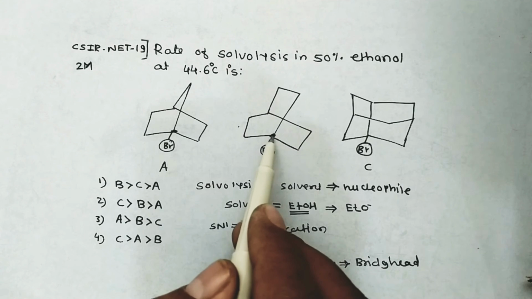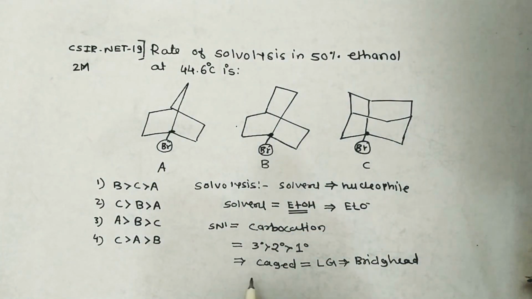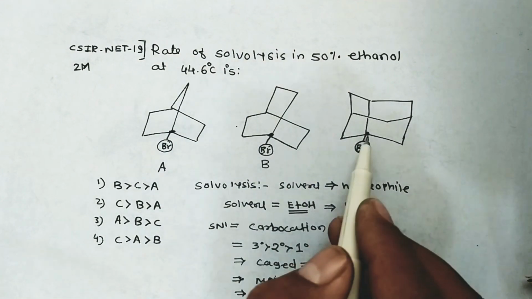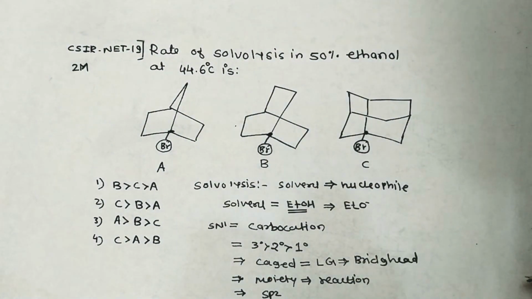So these are the bridgehead positions, and at the bridgehead positions the moiety is very reactive. Actually, carbocations are sp2 hybridized carbons, and at the bridgehead position there is always less stability because the geometry is not perfectly trigonal planar here at the bridgehead position.